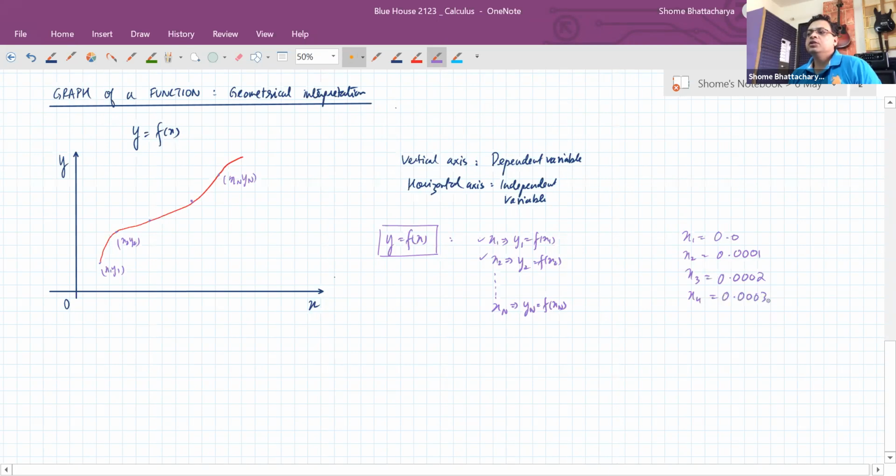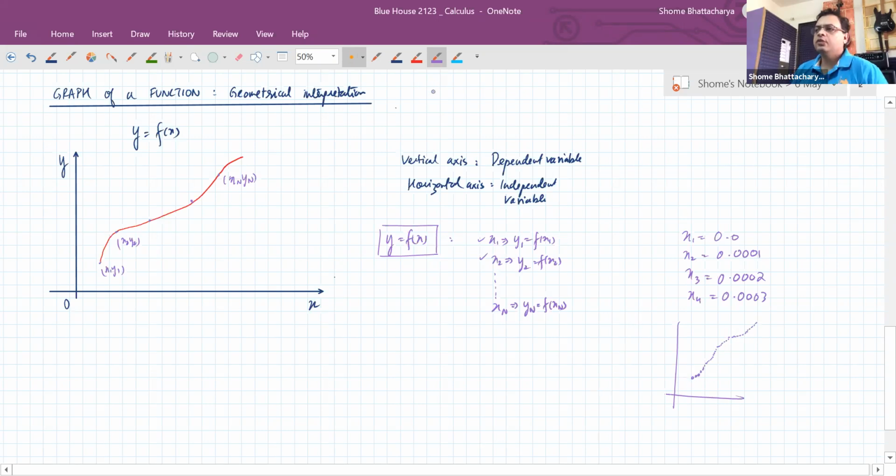But a computer algorithm can run virtually infinite times through a loop, so it can generate a very large number of points. When it plots them on the screen, the points are so close to each other that in continuation they become the curve of the function. So that becomes a more accurate way of drawing the graph.